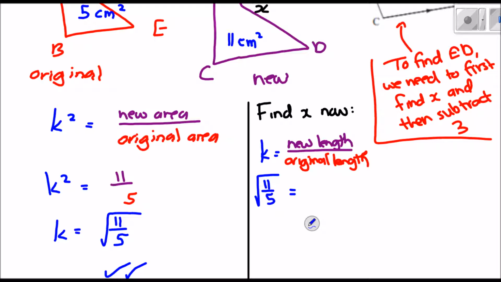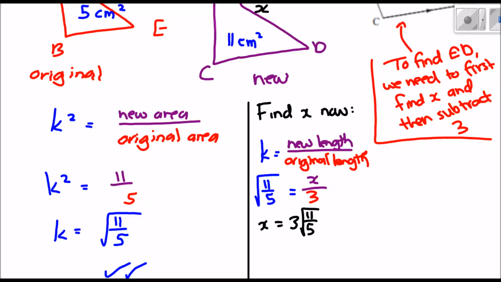And the new length, looking at our diagrams, is x. The original length on our diagrams above is 3. And that seems a bit weird, I know, but it doesn't matter. Because for x, you just need to multiply the square root of 11 over 5 by 3. You could also have a multiply sign in there, that's totally fine.